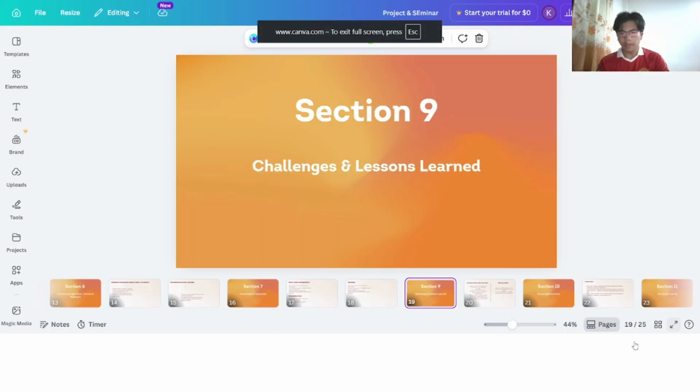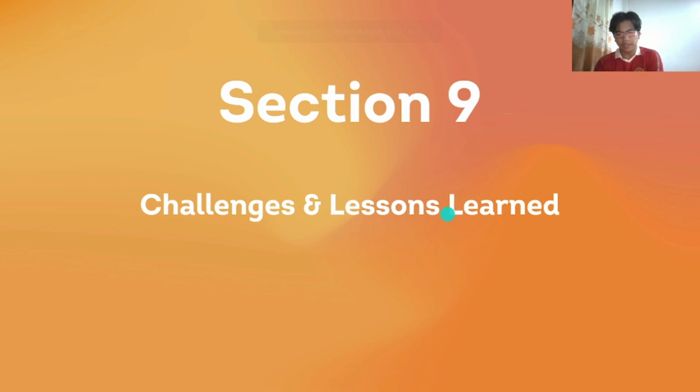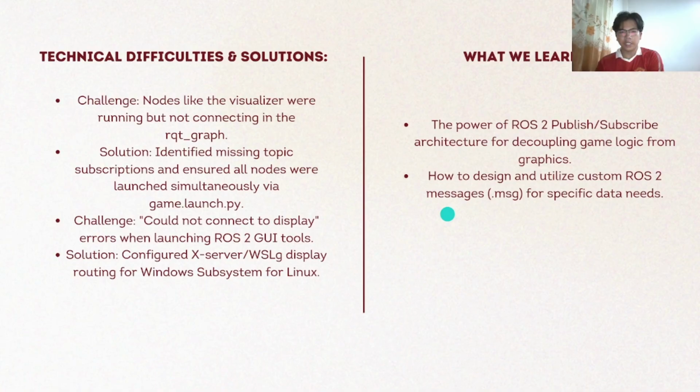We are going to talk about the lessons that we have learned and the challenges while doing the project. The technical difficulty that I had is that the visualizer, the RViz board, is running, but it's not connecting to the rqt graph.